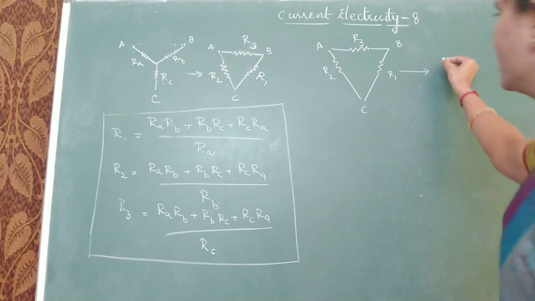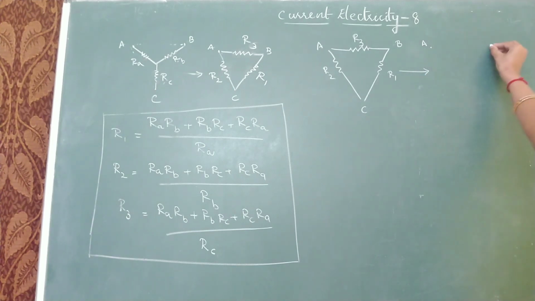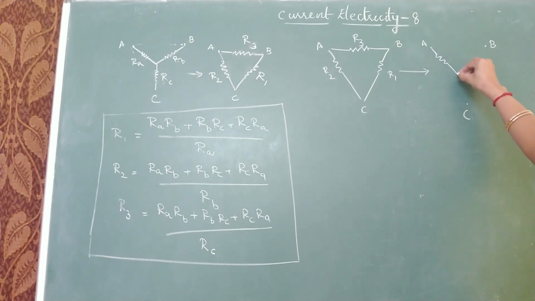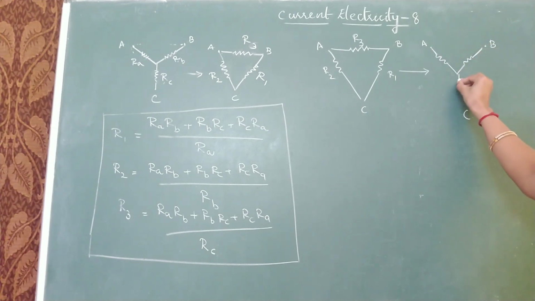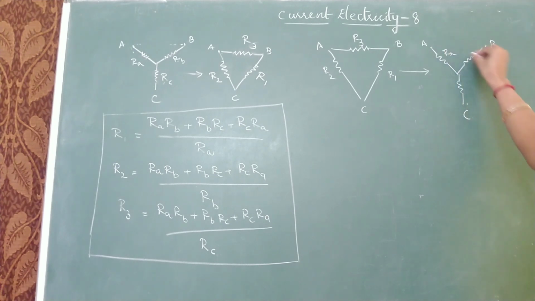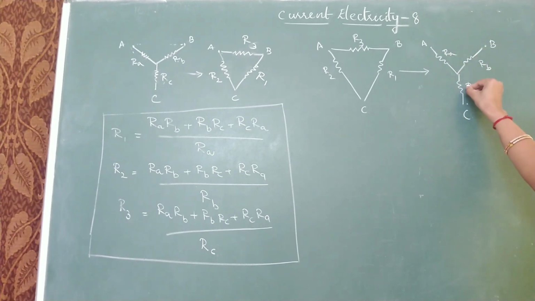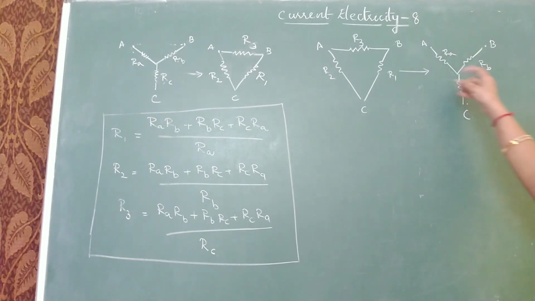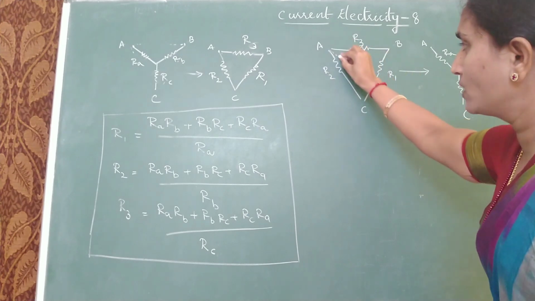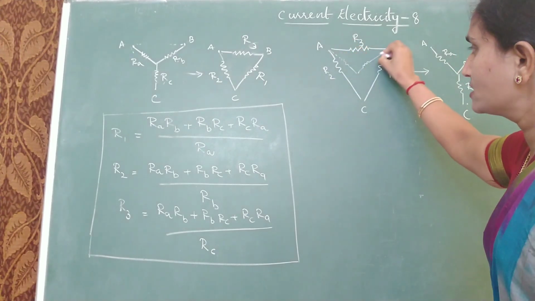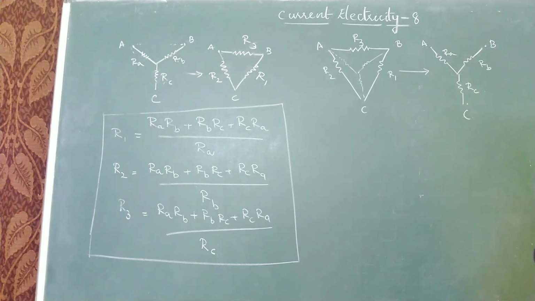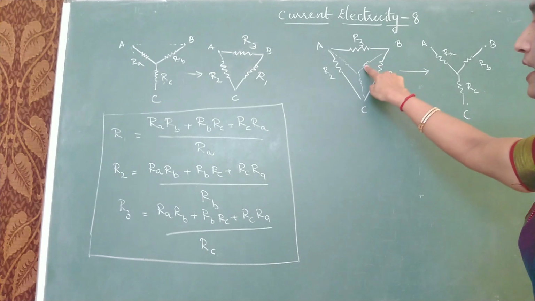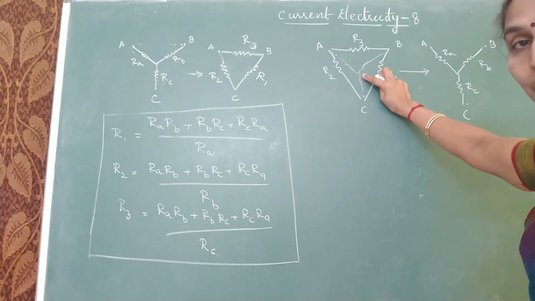You want to convert it into three resistors RA, RB and RC. That means you want to connect one resistor here, one here and one here. The resistor connecting to A is RA, connected to B will be RB, and connected to C will be RC.